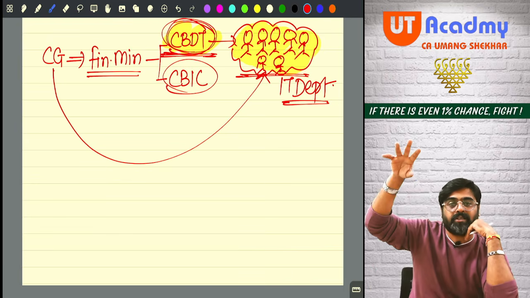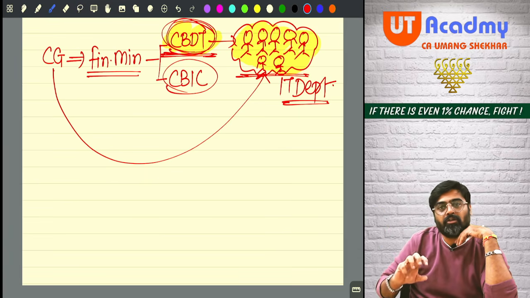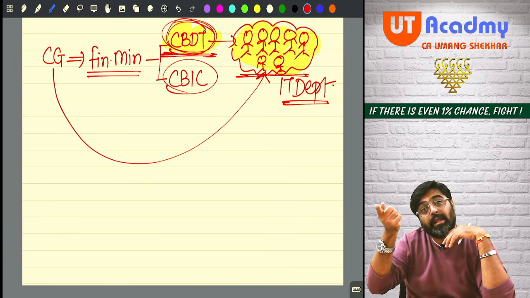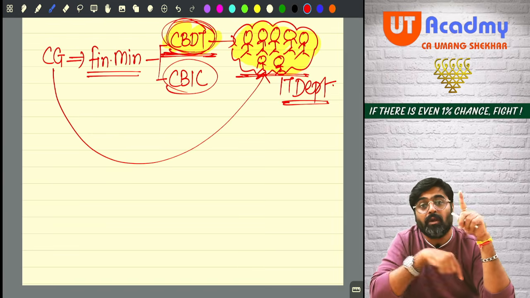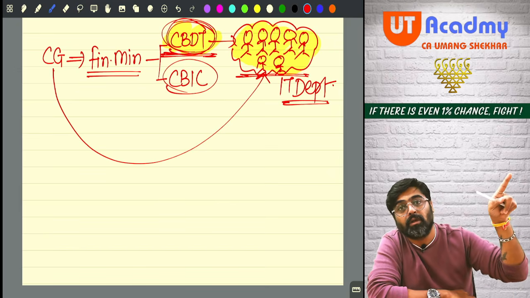For example, in the Chennai office of the income tax department, the same provision is followed in one manner, and in the Gujarat office of the income tax department, the same provision is followed differently.